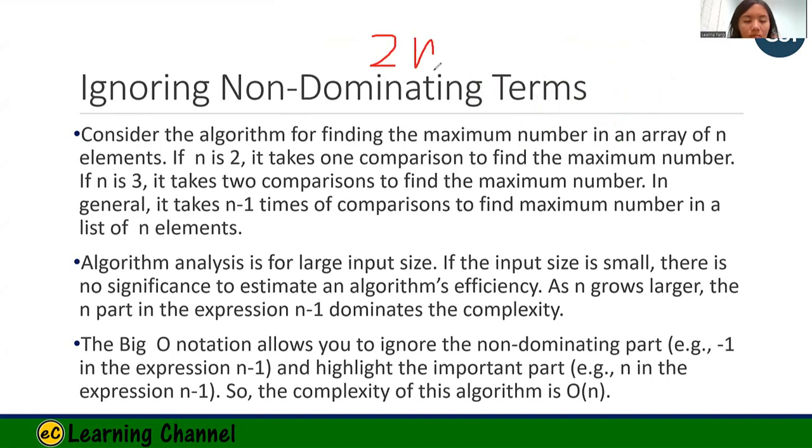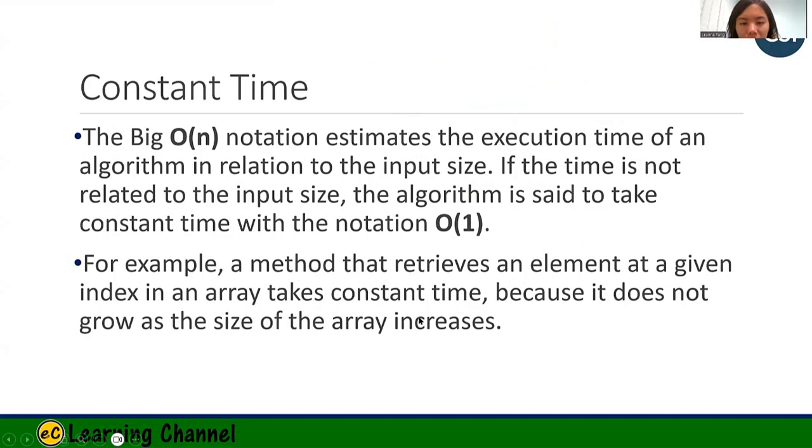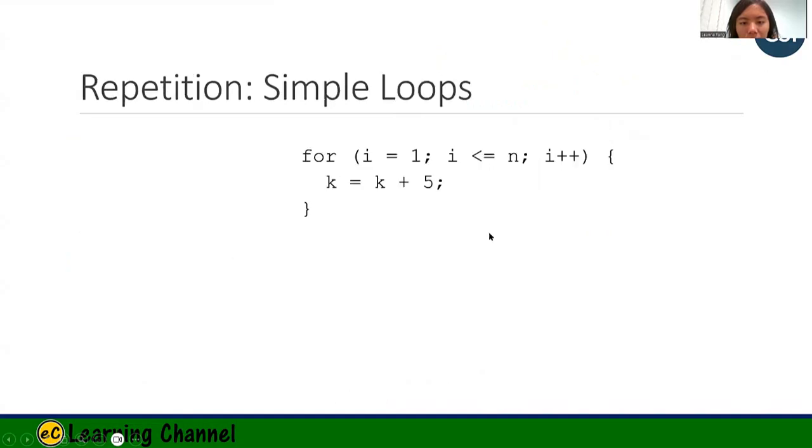So if you have order of 2n squared plus n, then this n is not important. 2 is ignored. So it will be order n squared. Is that okay? Yeah. Constant time we write 1. Okay. So now you have for loop i less than 5. So how much complexity is this one?